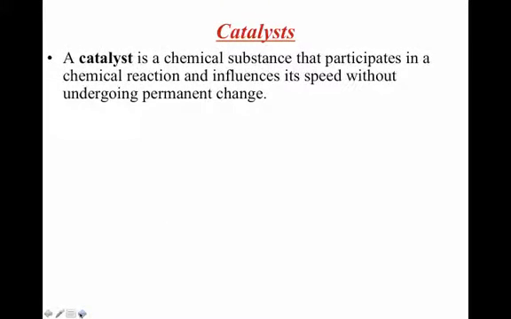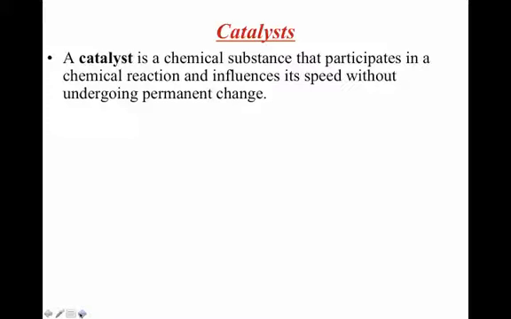Now, what I would like you to get out of this is the catalyst. What is a catalyst? A catalyst is a chemical substance that participates in a reaction, influences its speed, speeds up the reaction without undergoing permanent change. It is a very important concept in chemistry, a very important tool in chemistry. Catalysts are used almost everywhere in industrial chemical reactions.